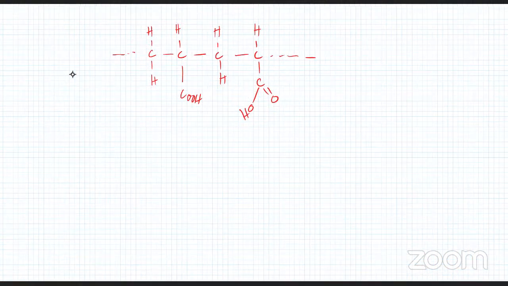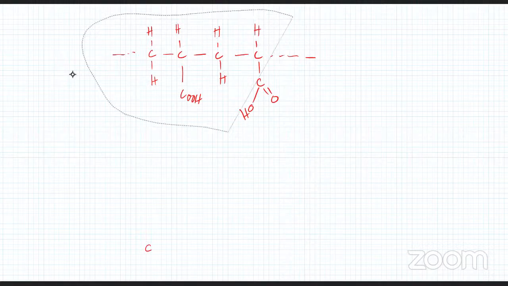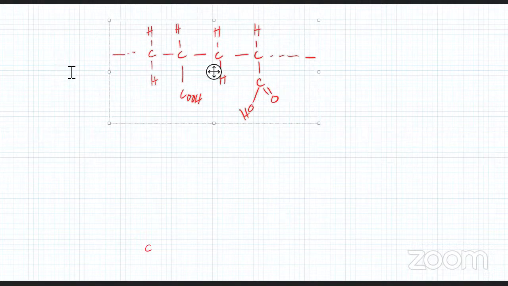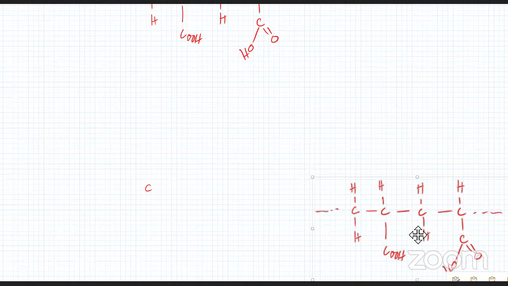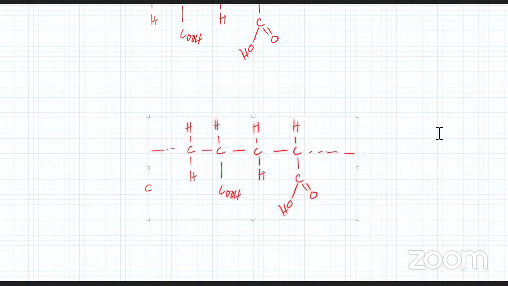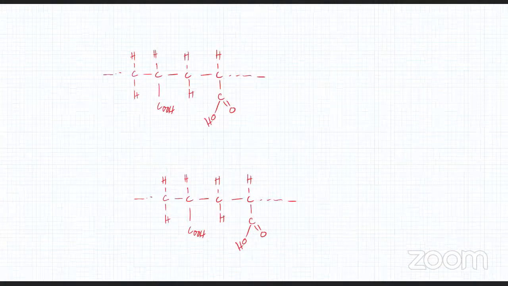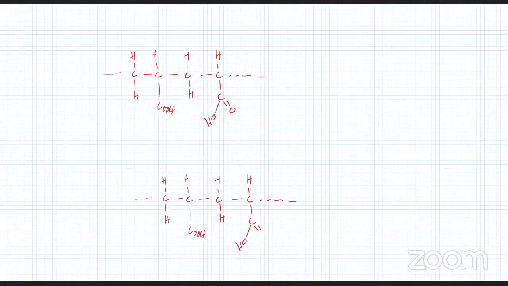And there's this other carbon chain, which is exactly the same. So there are multiple polymer chains. And this one might have the carboxylic acid group pointing in the upward direction.